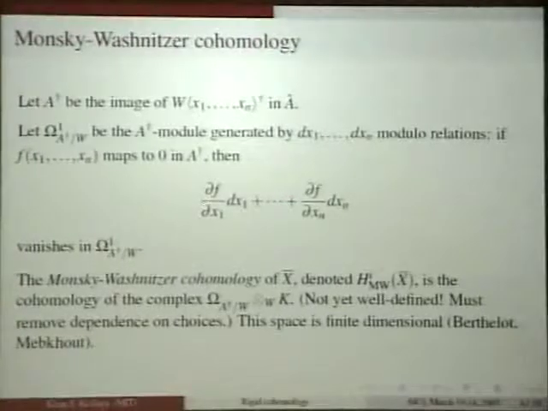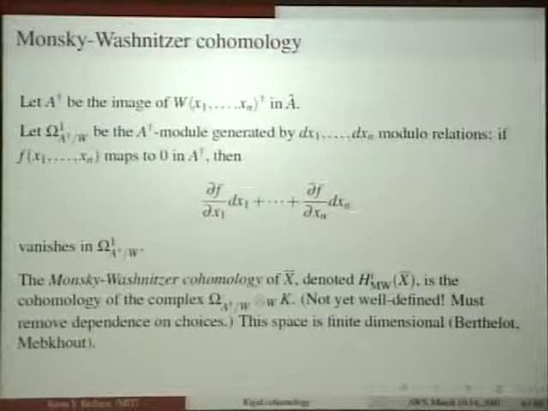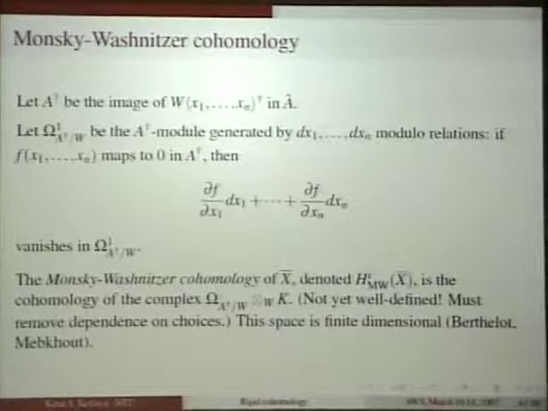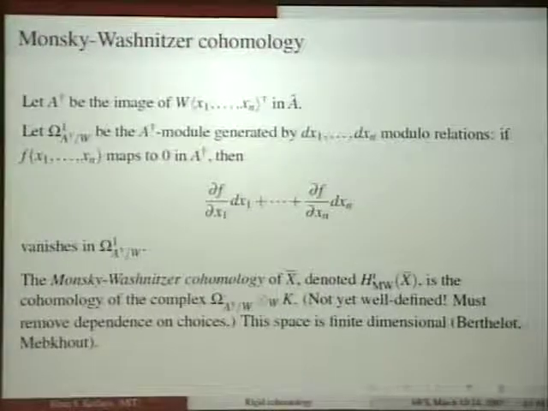So if f goes to 0, then you take the formal partial derivatives in each variable and form this total derivative, and you kill that off. And that gives you the module of differentials. Again, it's easy to check that that is a well-defined thing. In fact, you can even check that it satisfies a certain universal property. I guess it's universal for derivations into a finitely generated A dagger module. I think that's one way to phrase the universal property.